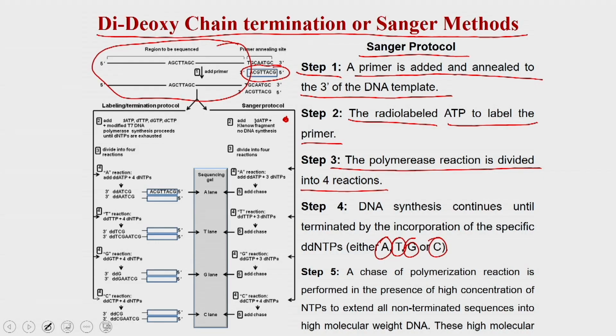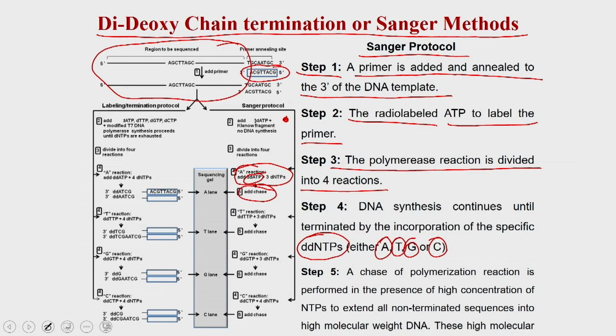You do the reactions for all 4 nucleotides by using different types of dideoxynucleotides. If you are doing a reaction for adenine, you add the other 3 nucleotides, guanine, cytosine and thymine, and you add the dideoxy adenine triphosphate. Then you add the chase, which means you allow these reactions to happen.